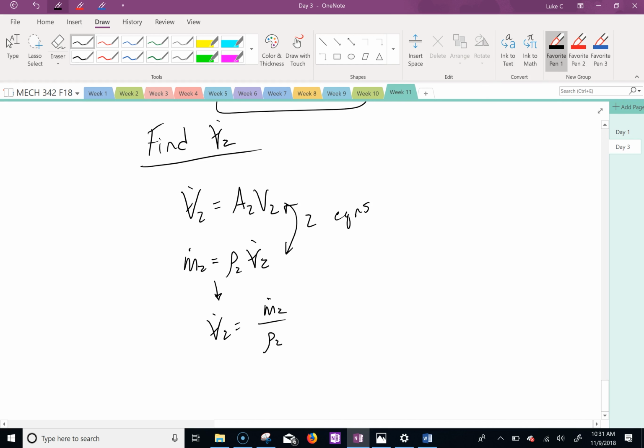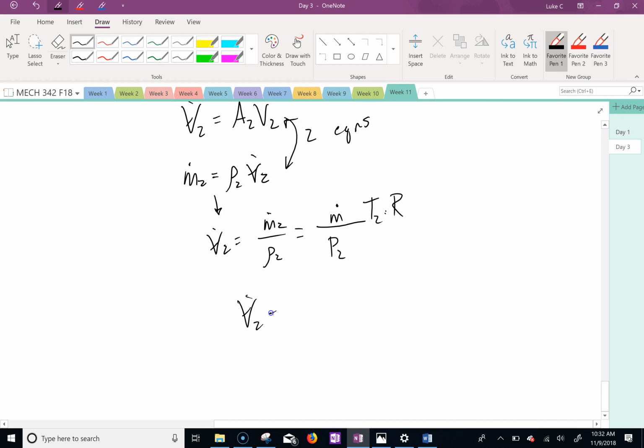If we don't know the area, then we should use the other one, which is the mass flow over the density. So the mass flow, I think we found to be m dot. And then how do we find density? Ideal gas, yep. So I have P2 over T2 times R.